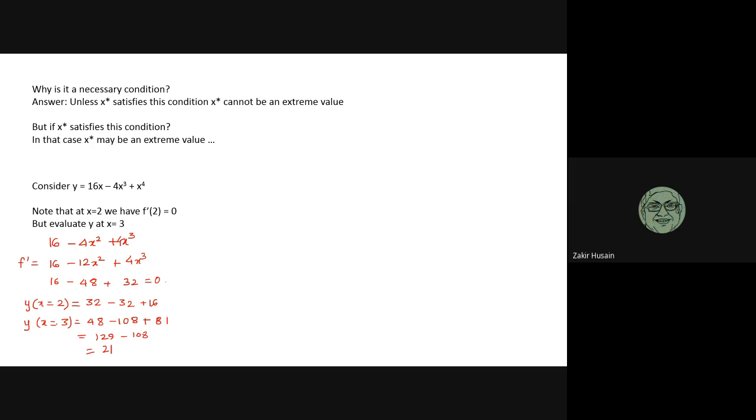But over here, we can see that if I increase the value of x, it's going to go up. The reason is that the function is actually of this shape. It is concave over here.